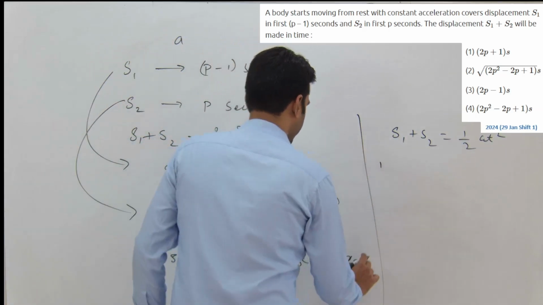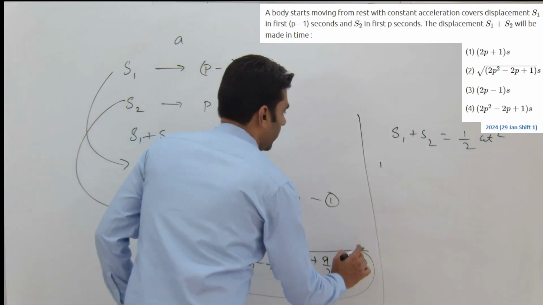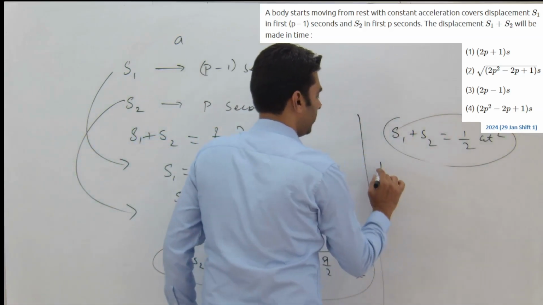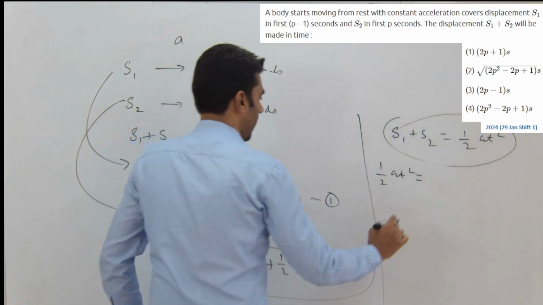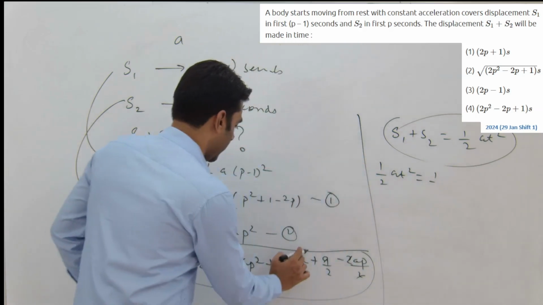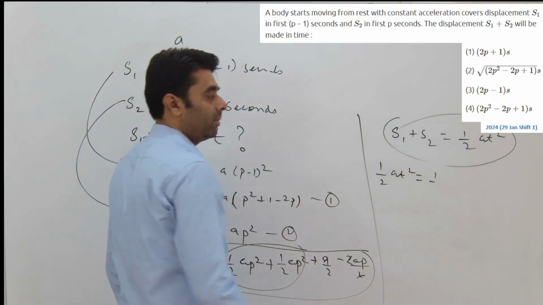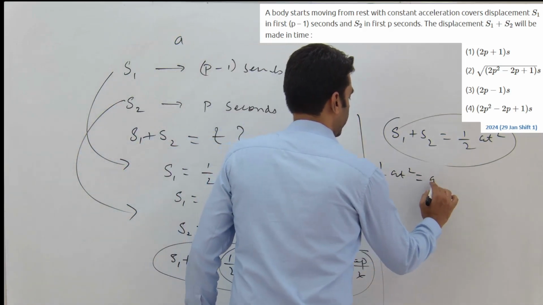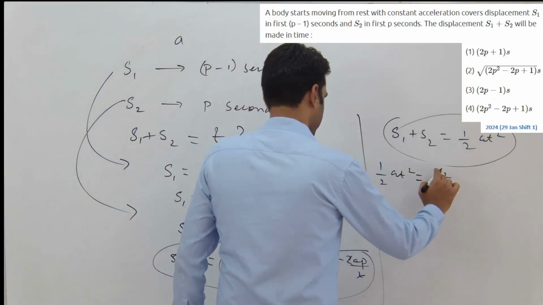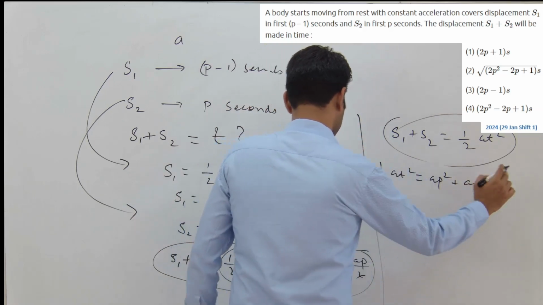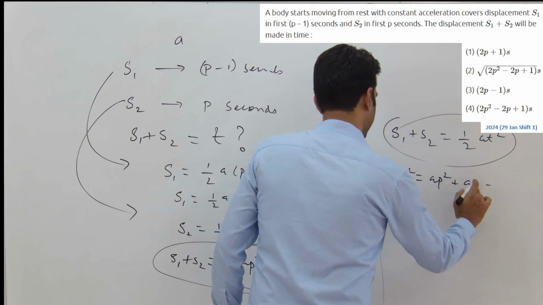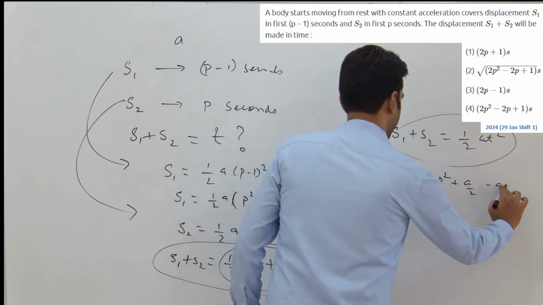So I can write over here now this equation and this equation. Let's equate them. 1 by 2 AT square is equal to half AP square. This is half AP square, half AP square. This will become AP square. So I can write AP square plus AP minus, sorry, this is A by 2 minus AP.